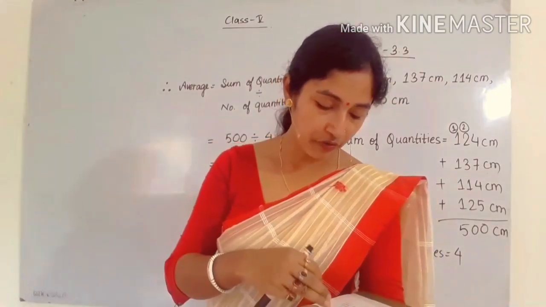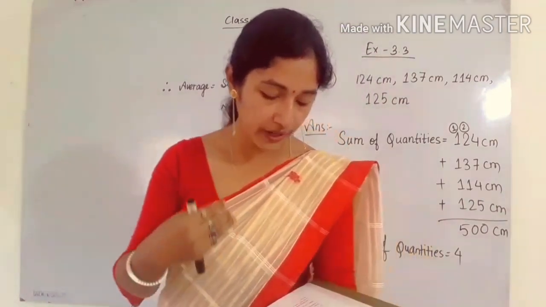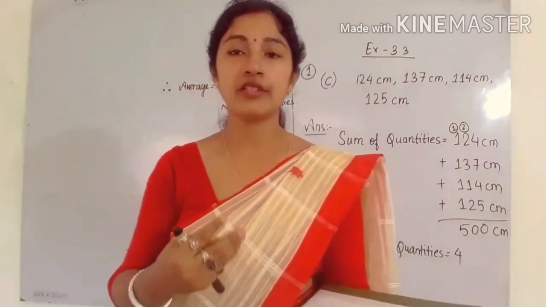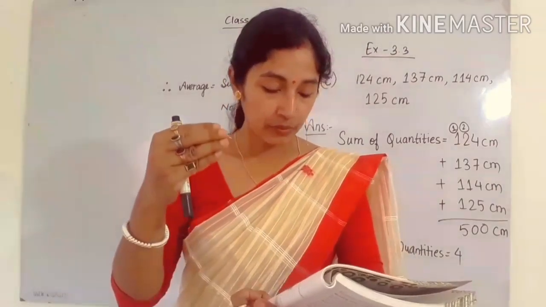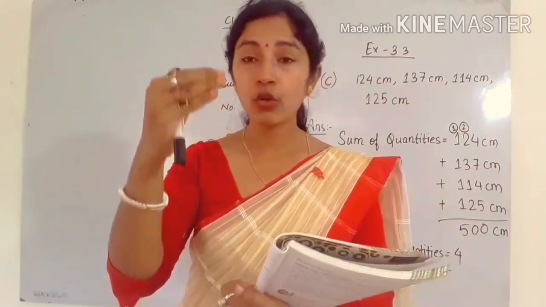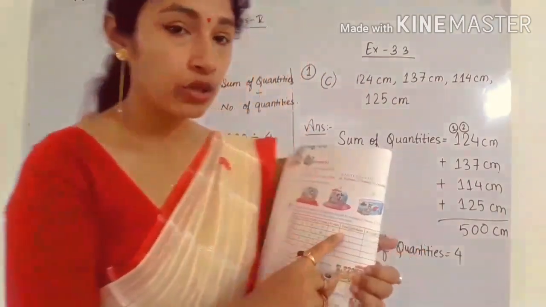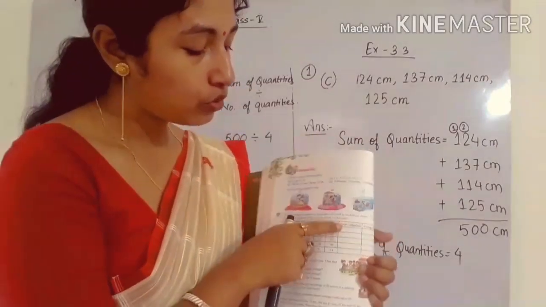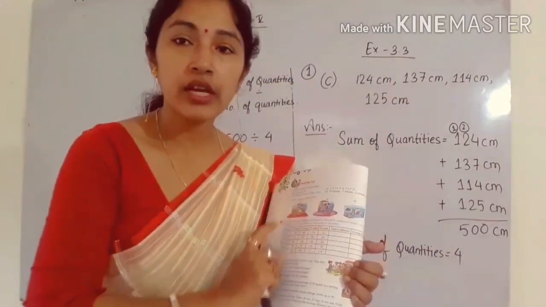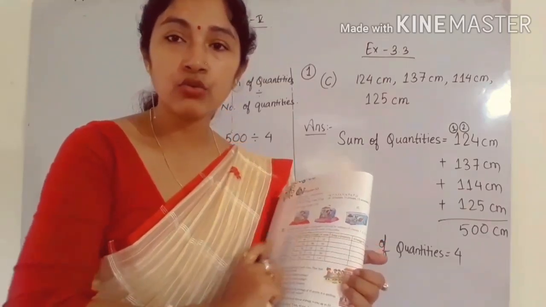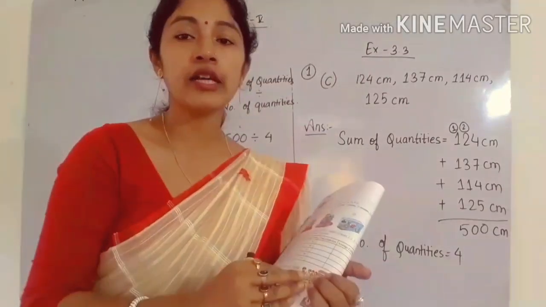Find the average of all the 5 classes. In the next question, you have to find the average for all the 5 classes. The total collection you will get in each class. Then you have to add the total collection of class 1, class 2, class 3, class 4, class 5 as a whole, meaning the total collection of newspaper.